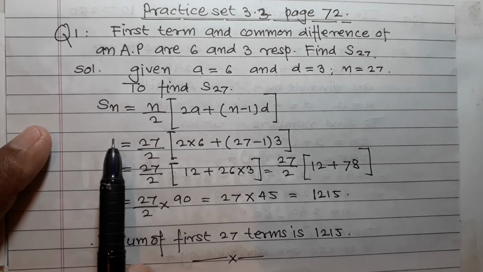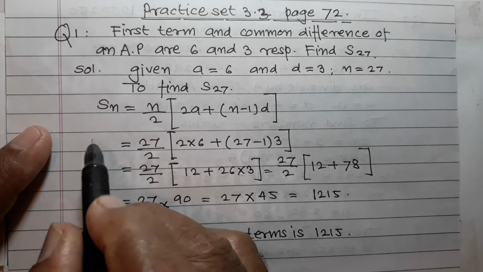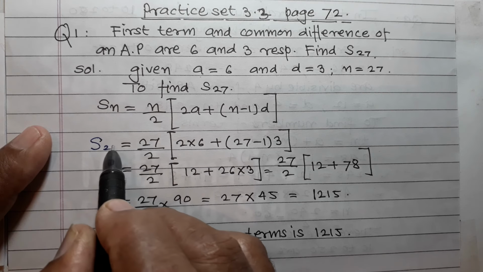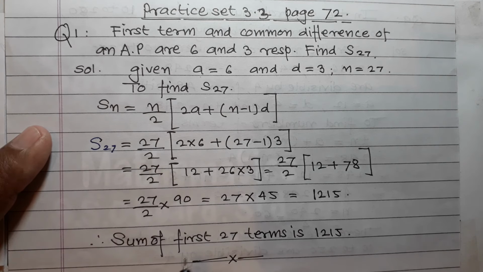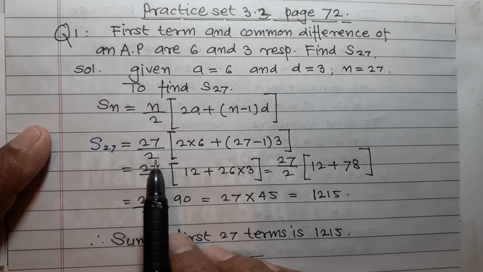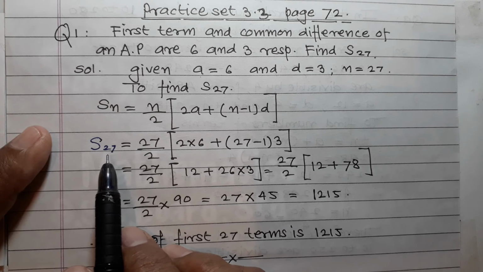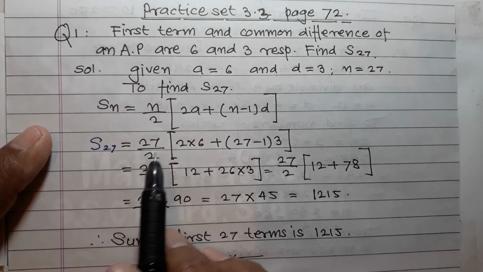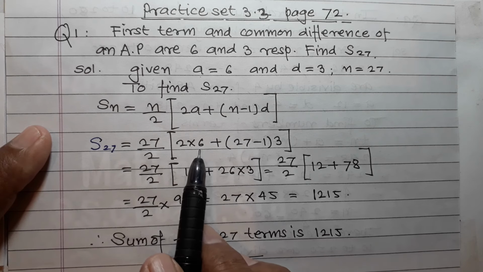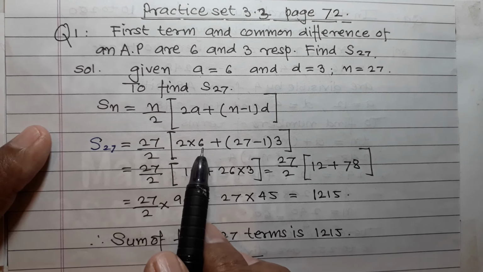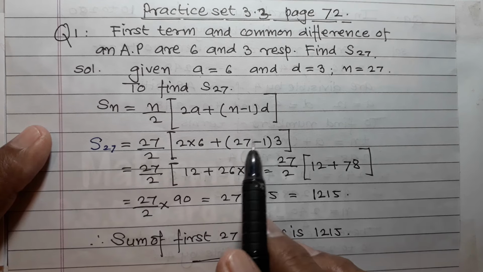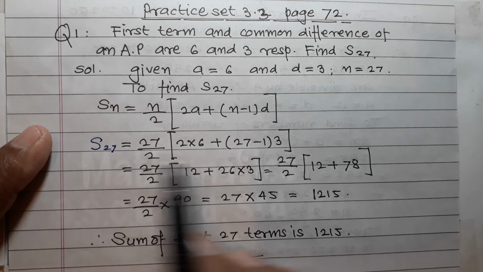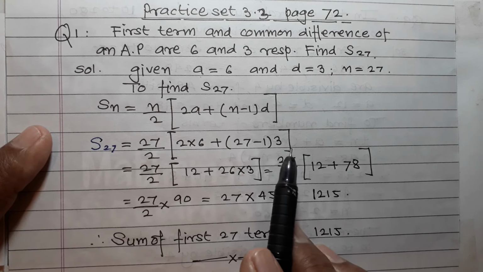Therefore S27 is equal to 27 upon 2, n is equal to 27. 27 upon 2 into bracket 2 into a, which is 6, plus 27 minus 1 into 3.